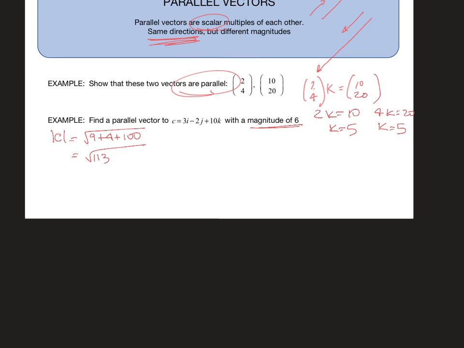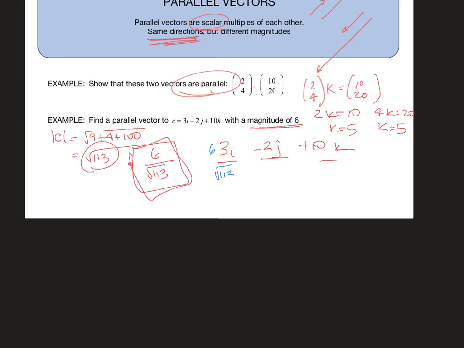So can you see that if I took this and I multiplied it by 6 over rad 113, that the 113 under the radicals would cancel out, and I get a magnitude of 6. So this is what I need to multiply this entire vector by. Let me write the vector up. There's the original. And I'm going to multiply each term by 6 over rad 113.